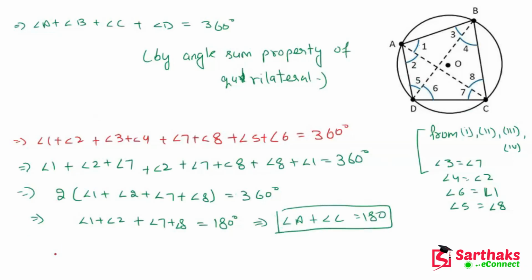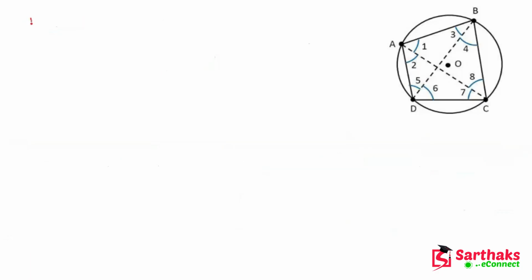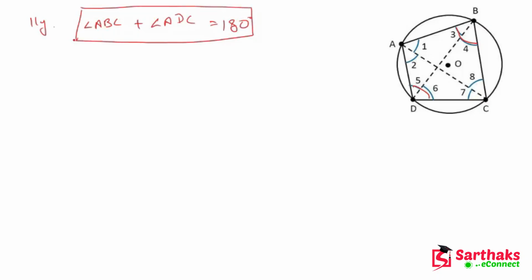Similarly, we can also find that angle B plus angle D is equal to 180 degrees. Hence proved. My dear friends, this is the proof of this theorem.